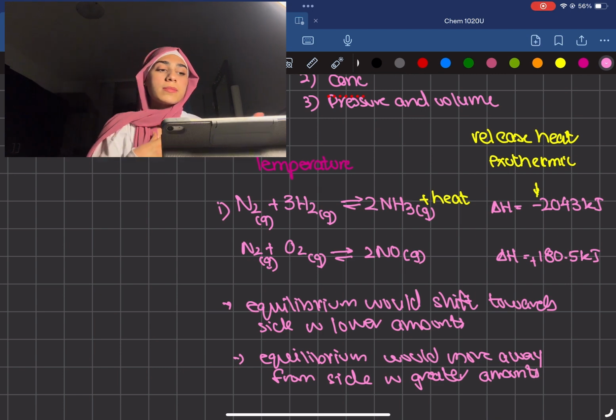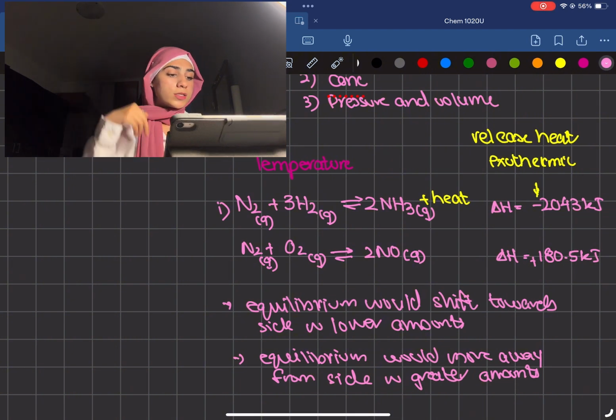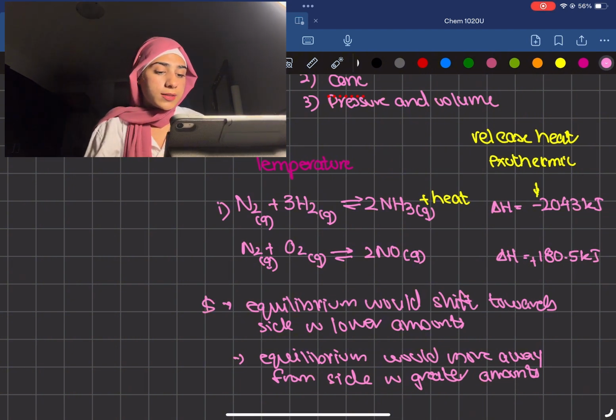When I say greater amounts, I mean like greater amount of heat, greater amount of concentration or pressure. Yeah. So this is a really important point, these two.